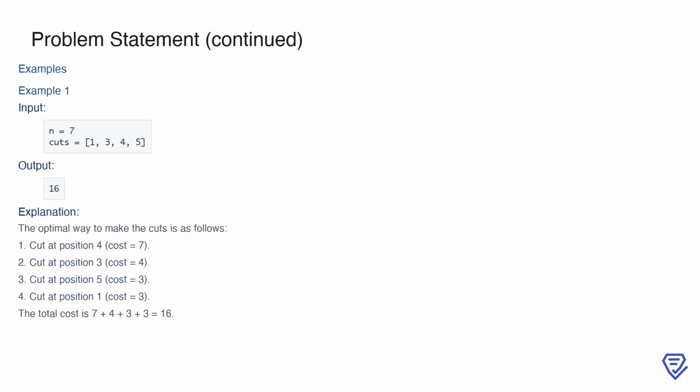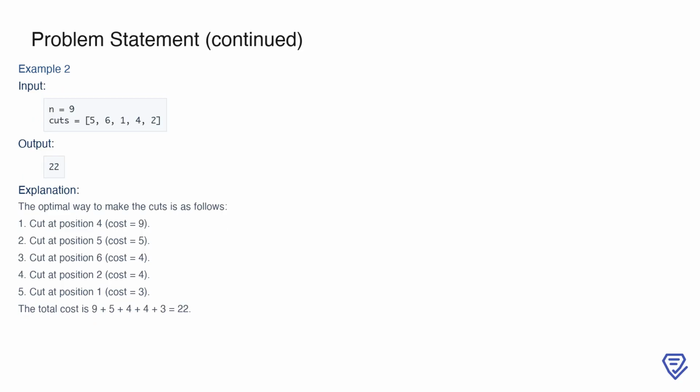Then, cut at position 5, which has a cost of 3, as it's based on the right smaller stick. Finally, cut at position 1, which also costs 3. Adding these together, the total cost is 7 plus 4 plus 3 plus 3, resulting in an output of 16. This sequence of cuts minimizes the total cost compared to other possible orders.